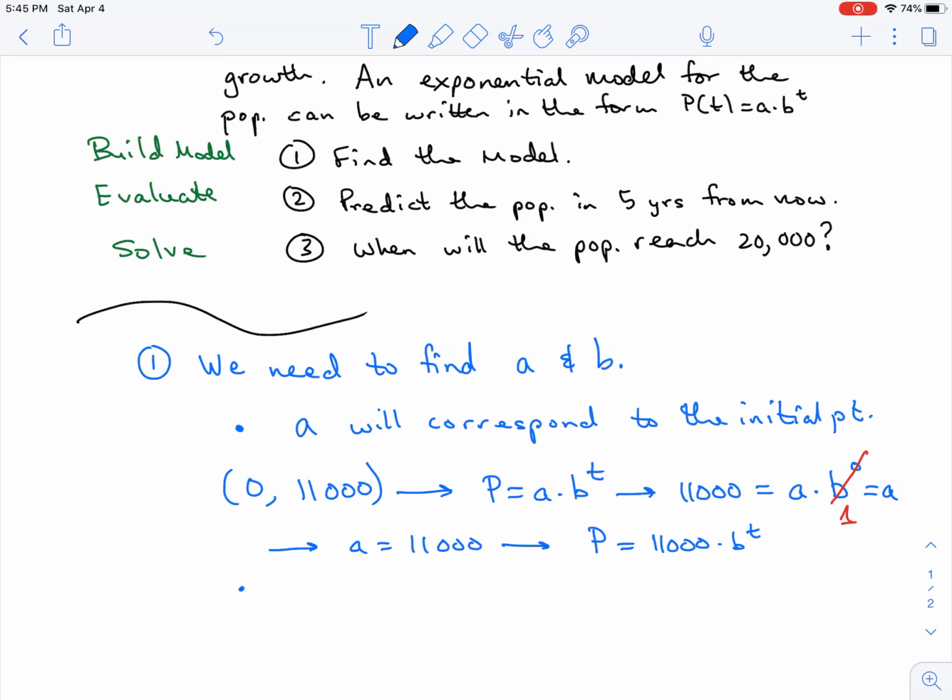To find B, using the rate, we need the relationship as follows. So B will be related to the rate.